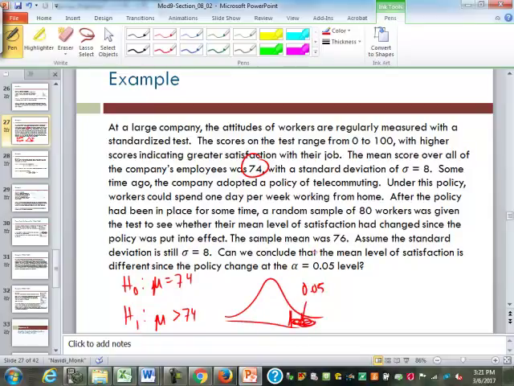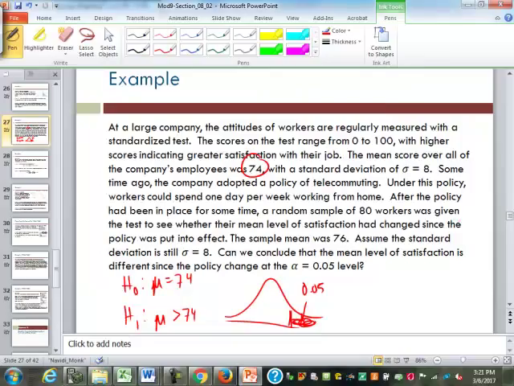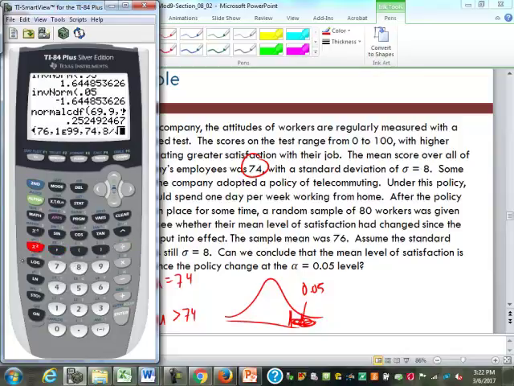Now again, I can just use normal distribution here and find my p-value. Second distribution, normal. I'm going from 76 up to positive infinity, so 1E99. I'll do that consistent with the book here. With a mean of 74 and a standard deviation of, it says 8, but remember it's 8 divided by the square root of our sample size, which is 80.